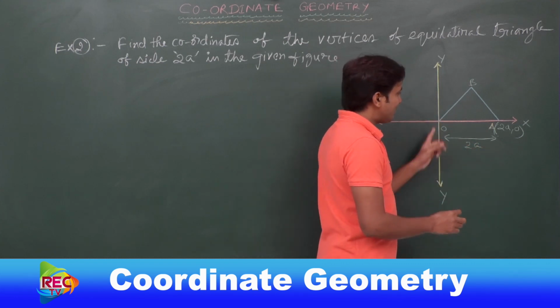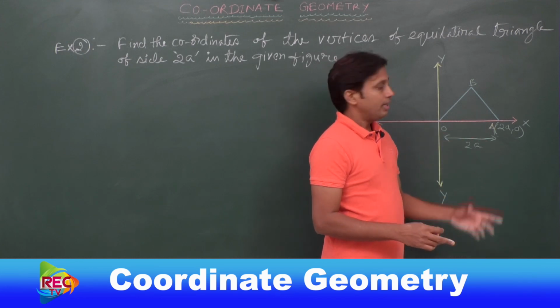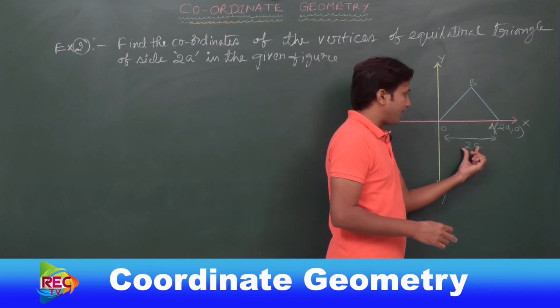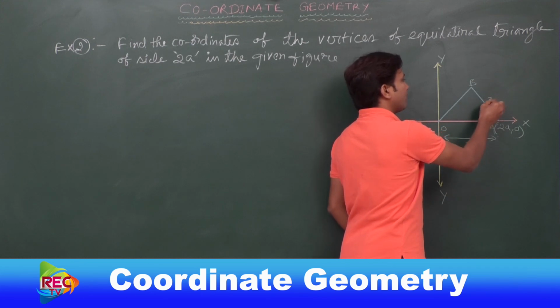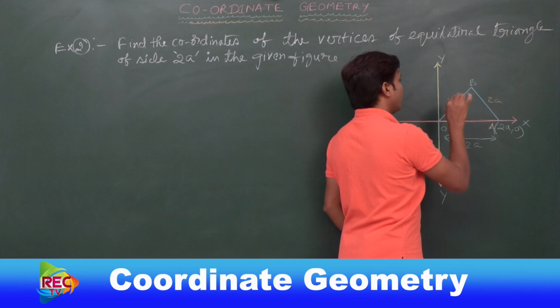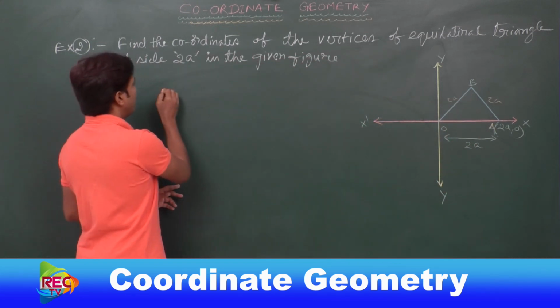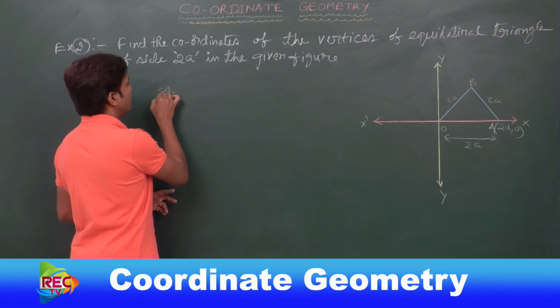So that means, since it's an equilateral triangle, all the sides are equal. If OA equals 2a, then AB is also 2a, and OB is also 2a. All the sides are equal. So we need to write the solution for this.